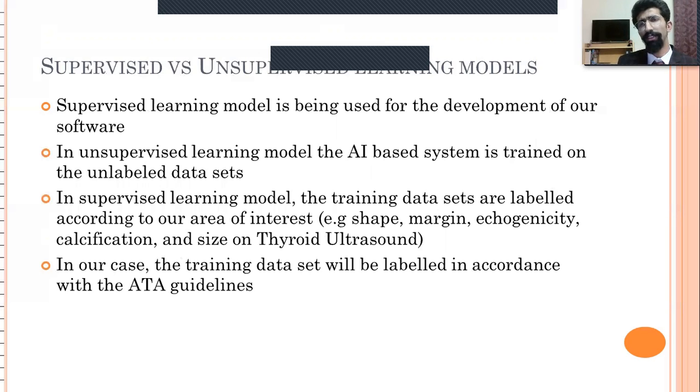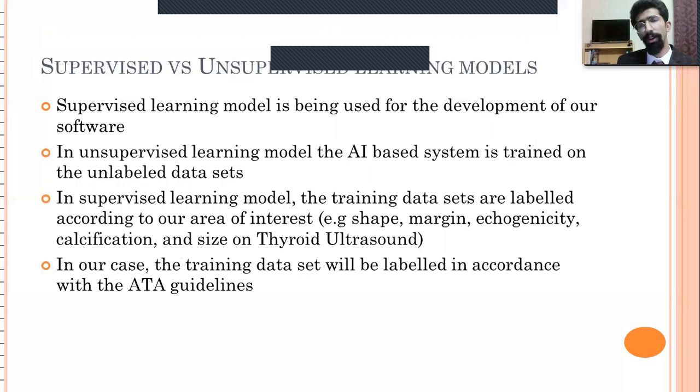There are two ways in which we can actually train the machine. The first one is the supervised learning model, and the other is the unsupervised learning model. In the supervised learning model, the training data set is labeled according to our needs.